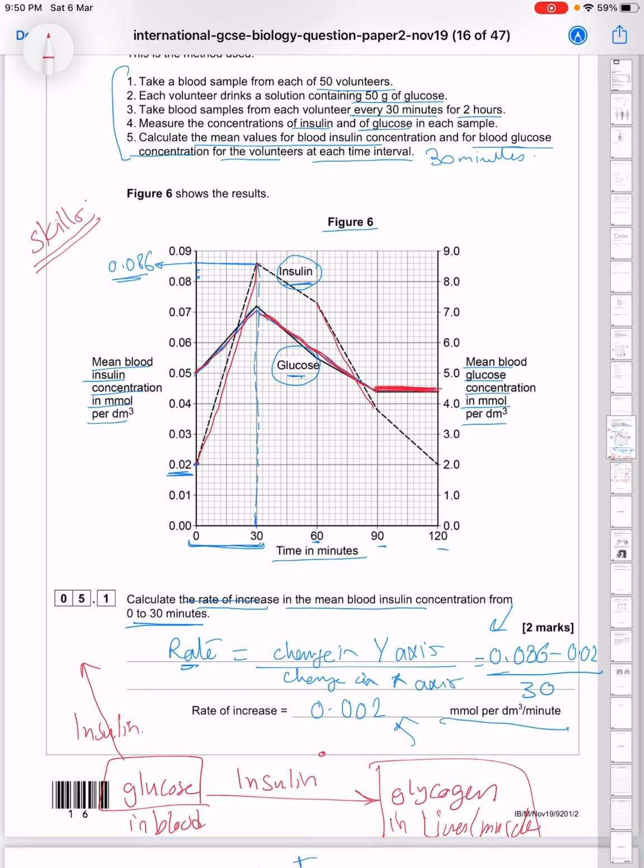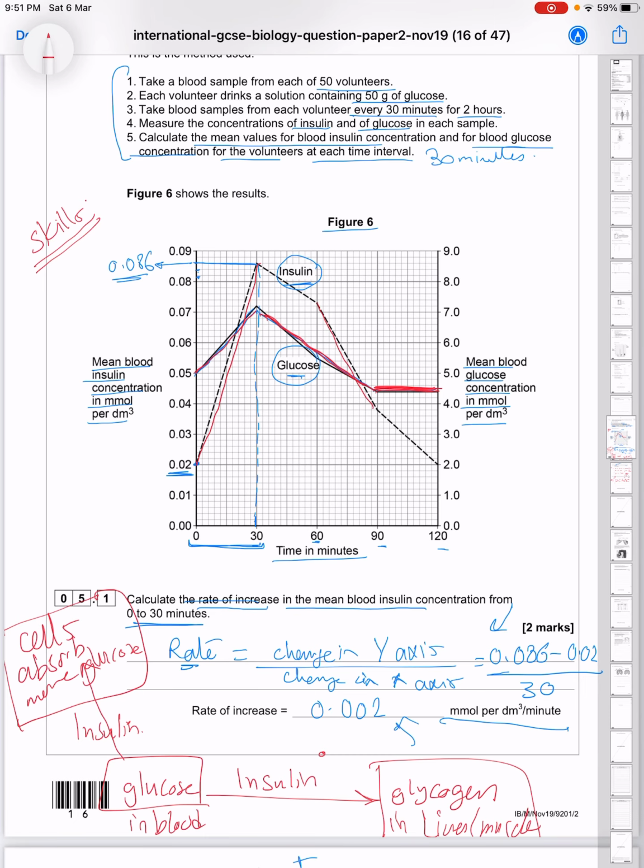So basically insulin pushes the glucose inside the cell, so it makes the cells absorb more glucose. Why does this happen? Why does it push or allow cells to absorb more glucose? Because basically cells will need to utilize this glucose in aerobic respiration to get energy.